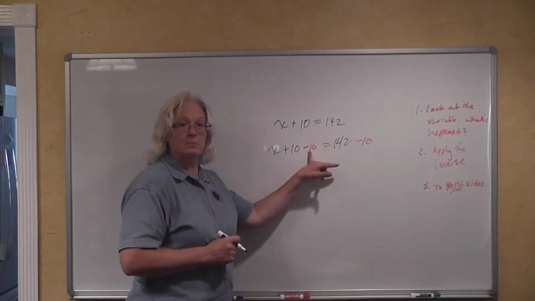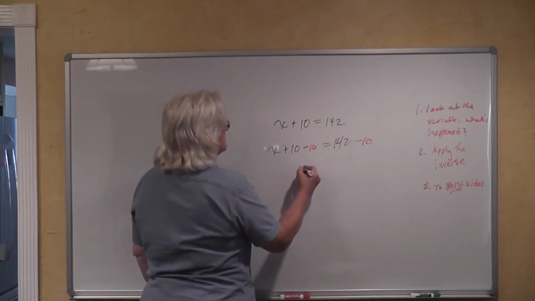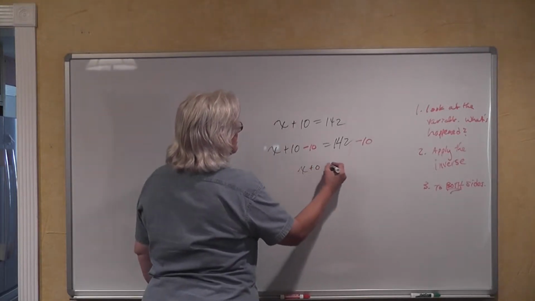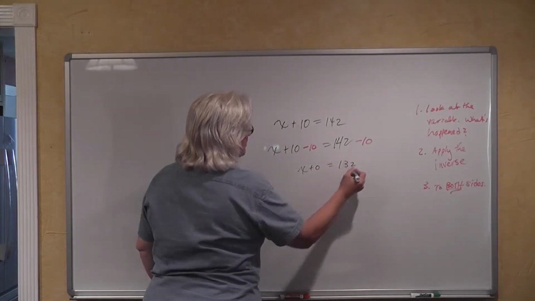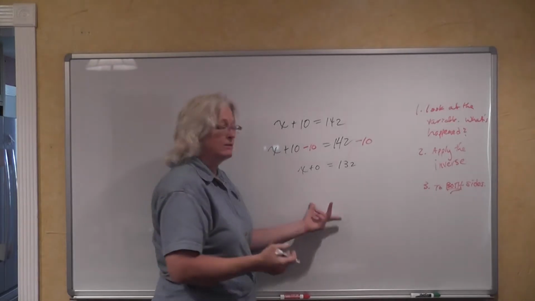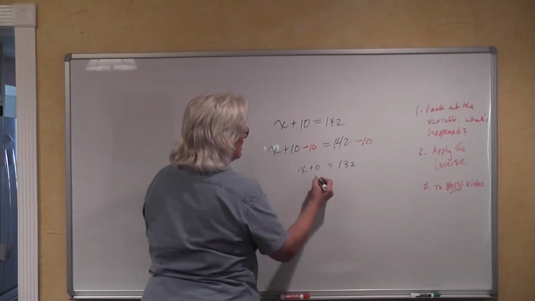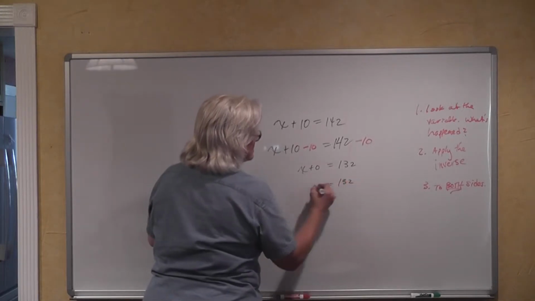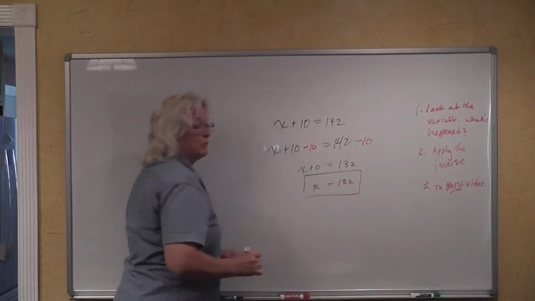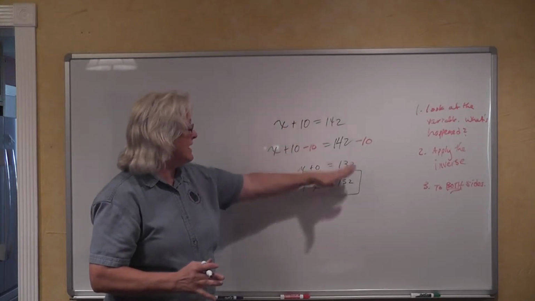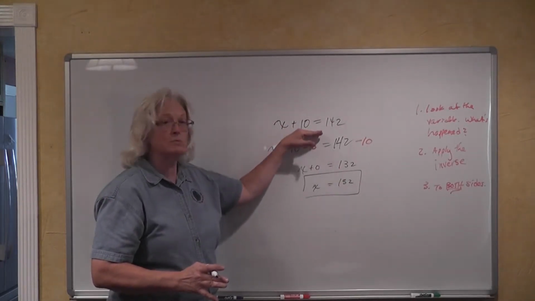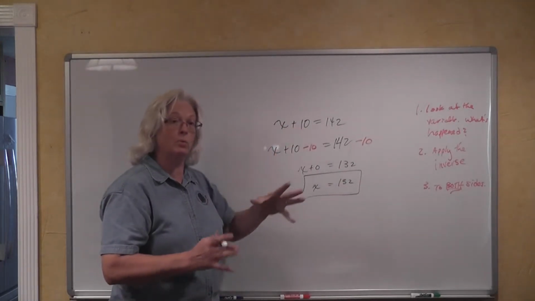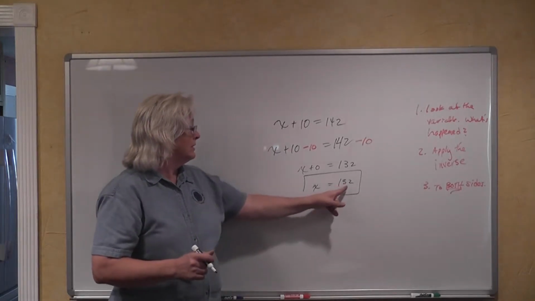What is plus 10 minus 10? It's a 0. So you have x plus 0 is equal to 132. And our additive identity property says that x plus 0 is just the same as x. And right here is how we have solved x plus 10 equal to 142.